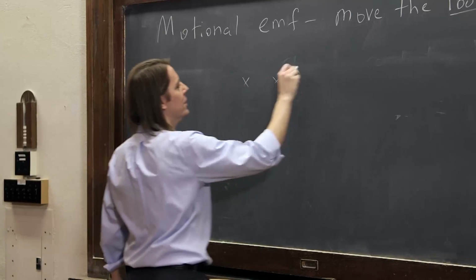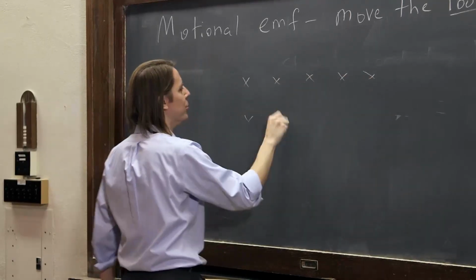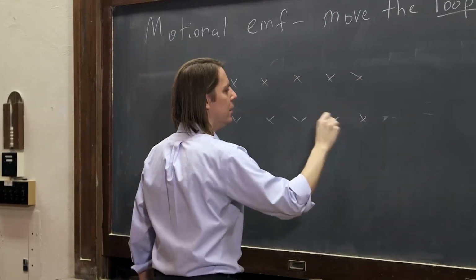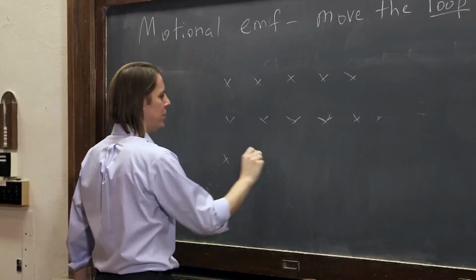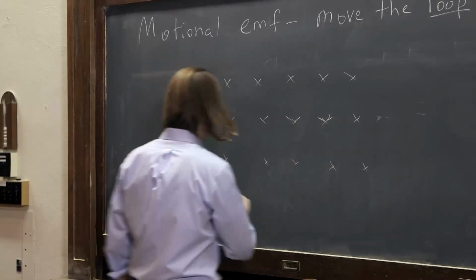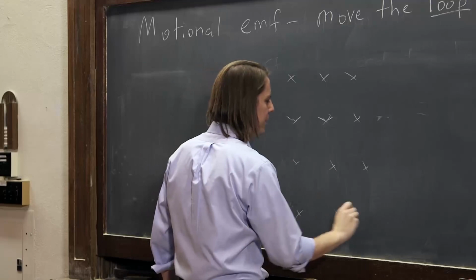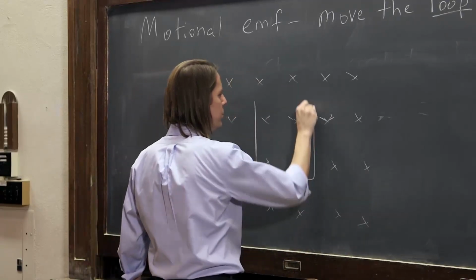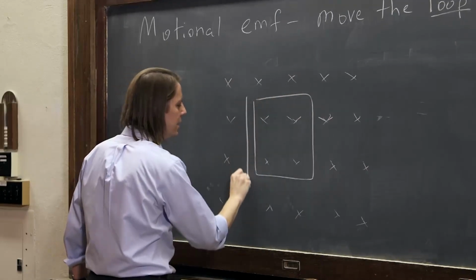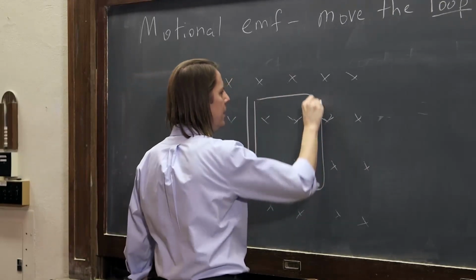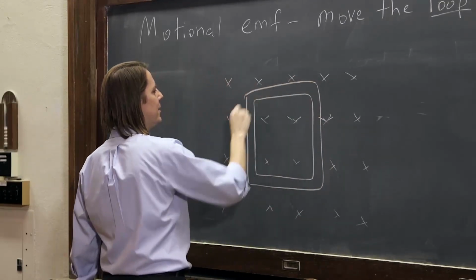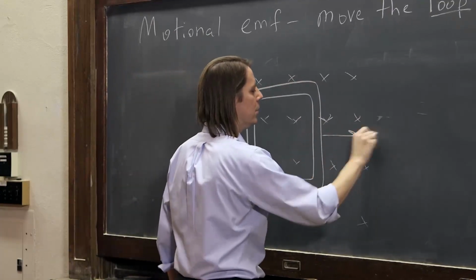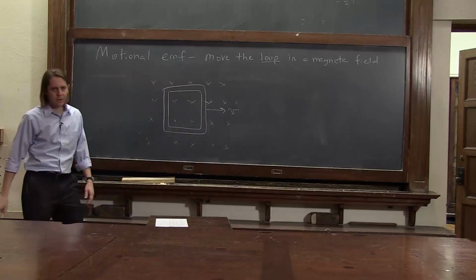So magnetic field in the board. Let's do a loop, and let's do a big, thick loop where you can really see its edges. And let's make that move to the right.